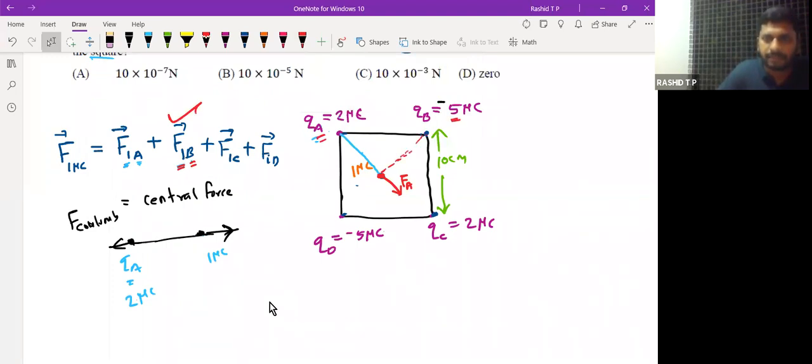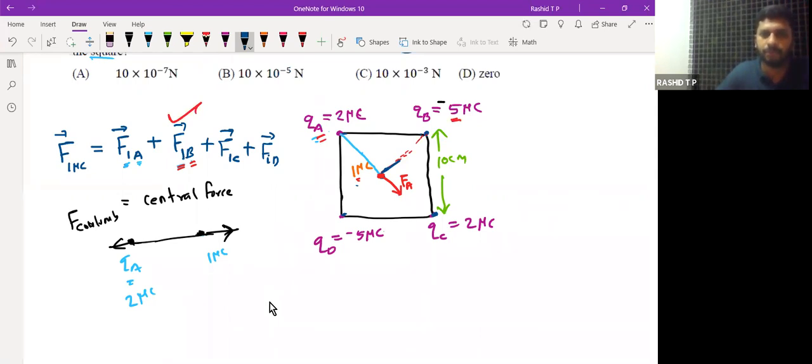This is the negative charge and this is a positive charge. For a negative and a positive charge, I have to draw an attractive force, that is, the positive charge moves toward this charge.